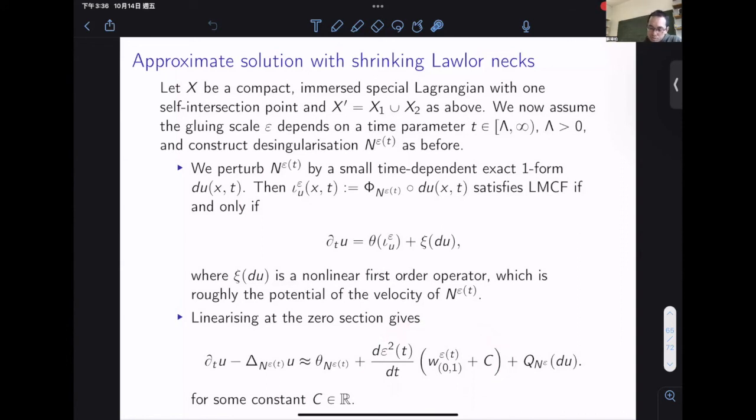And so we get a derivative of epsilon in t here, plus some quadratic error term. Okay. So C here is a constant that we can choose. We can choose a constant that works conveniently.